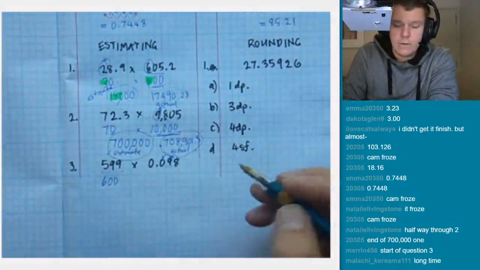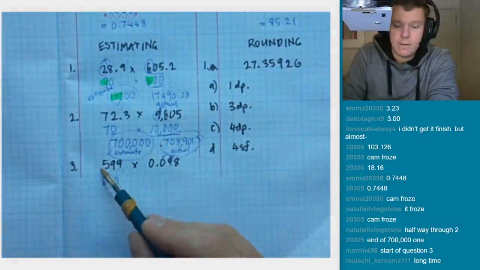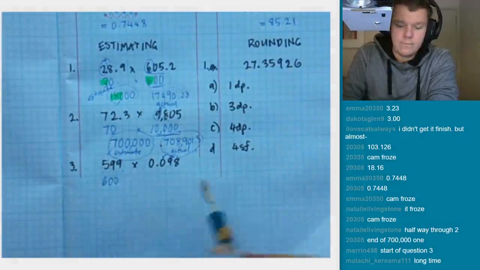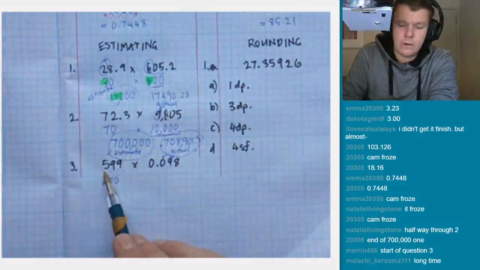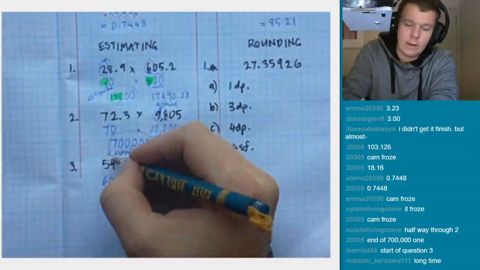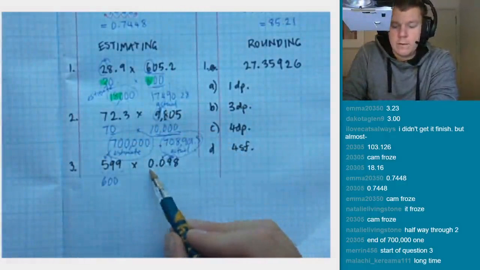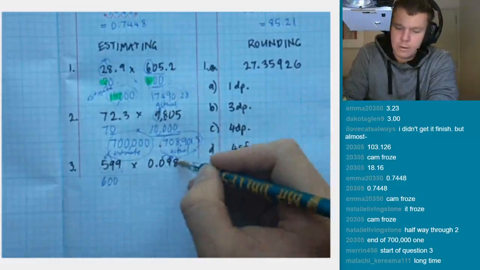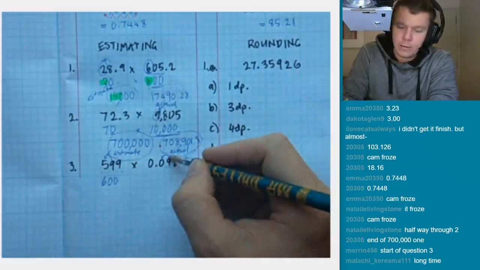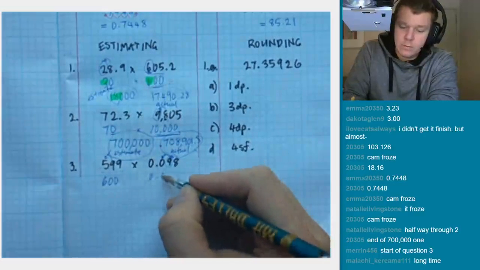Alright, so for number 3, 599 rounds to 600, because we would round up. 0.098 you've got to be careful with, because the 8 is going to round up this 9, which is then going to get rounded up to 0.1.